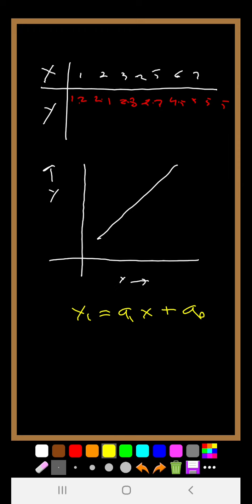We are now faced with picking the values of the variables a0 and a1 which will give us the best fit. Suppose the points are like this. We need to fit it with the best fit, so for that we have to use the error methods that we described recently.